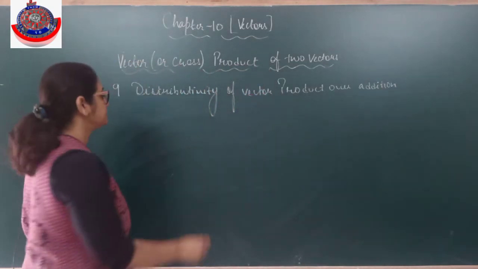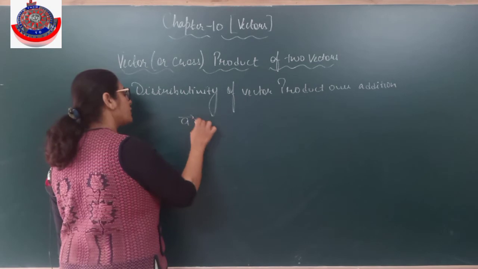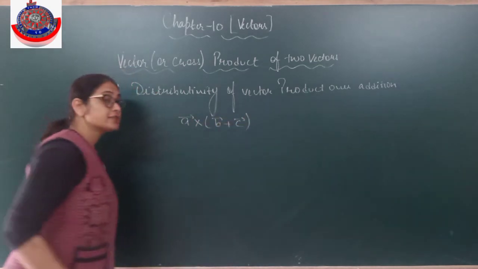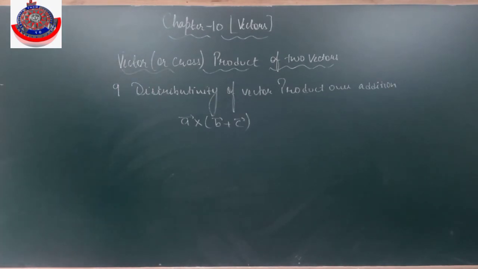That is A vector cross B plus C. It is cross product over addition. That is the first part.